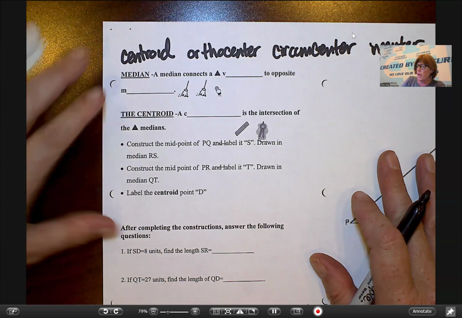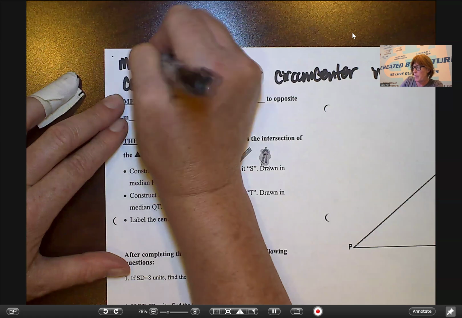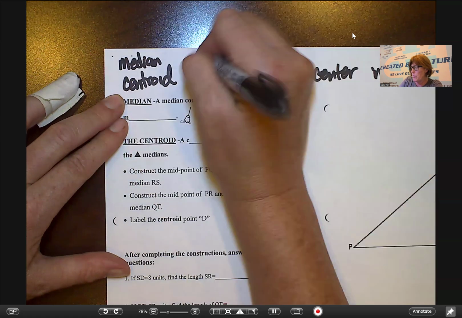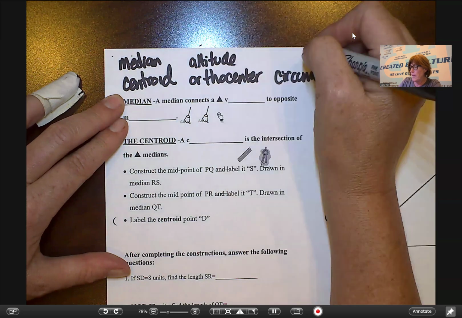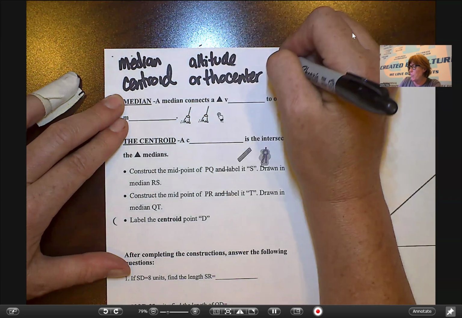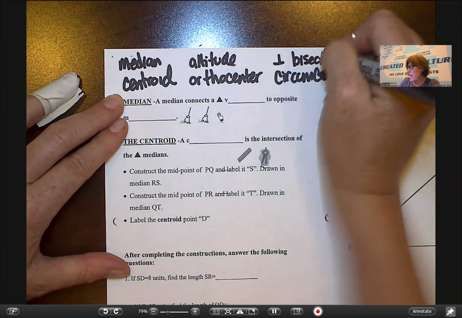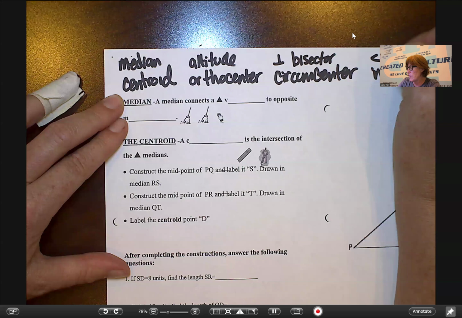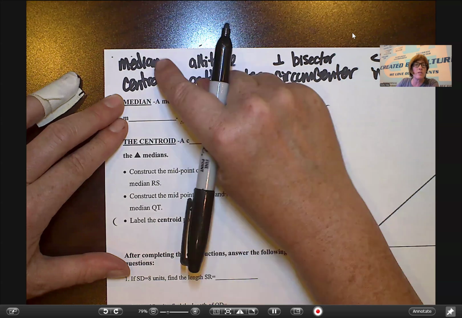And the 4 triangle guts are a median, altitude, a perpendicular bisector, and an angle bisector. This was in the preview notes. The intersection of the medians is the centroid.